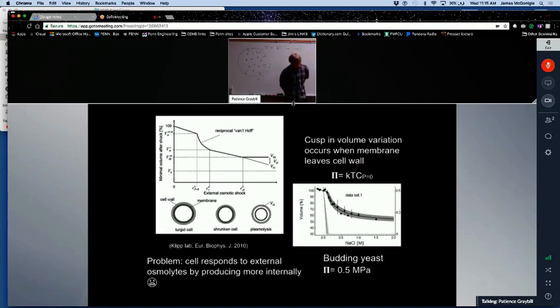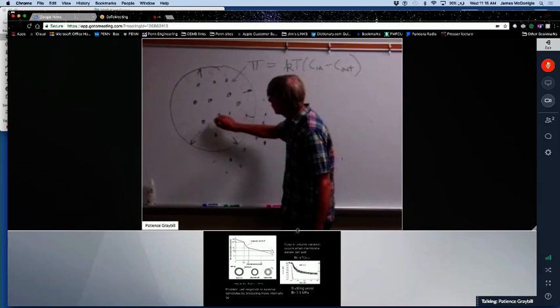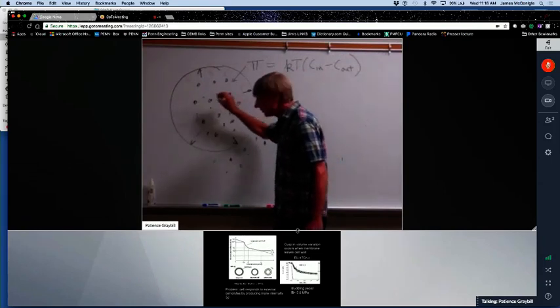Okay, so that sounds really good. But what can happen is that cells are really very smart. And so one thing that can happen is that when the concentration on the outside, oh, let's go back to B for a second. When the concentration on the outside is increased, then the concentration on the inside also gets increased.